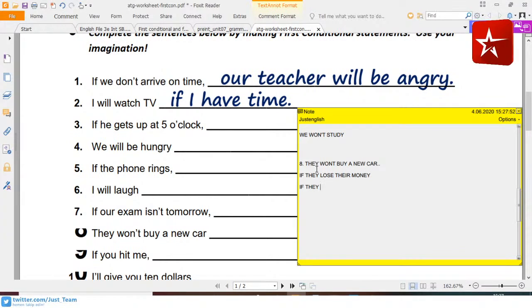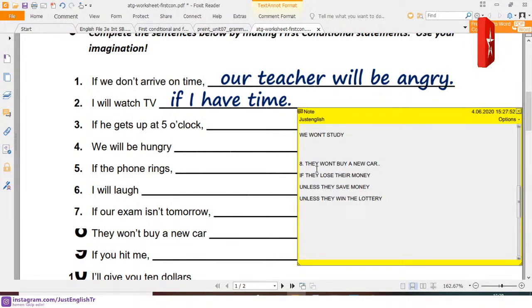Let's change it: unless they save money. Unless they win the lottery, they won't buy any new car.